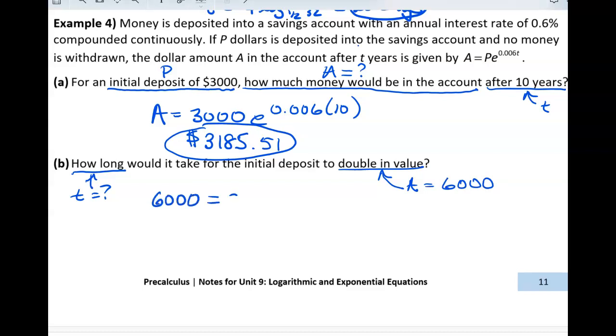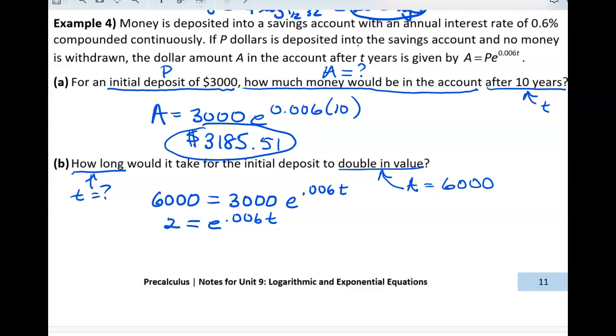So 6,000 is equal to 3,000 times E raised to the 0.006 times T, and now we need to solve for T. Now remember, this is a very, very small interest rate, so the answer will probably be something that's disappointing. We need to isolate that exponential function. We can do so by dividing by 3,000. That'll leave us with 2 is equal to E to the 0.006 times T.